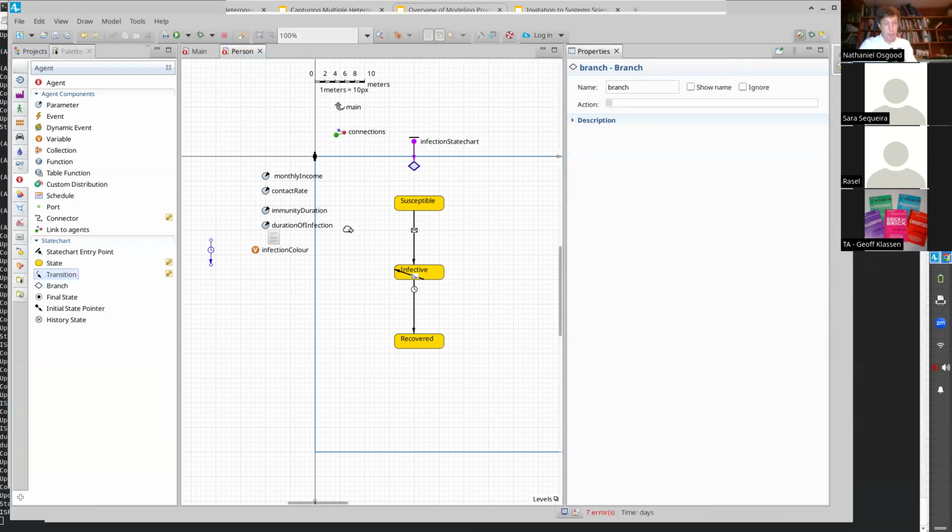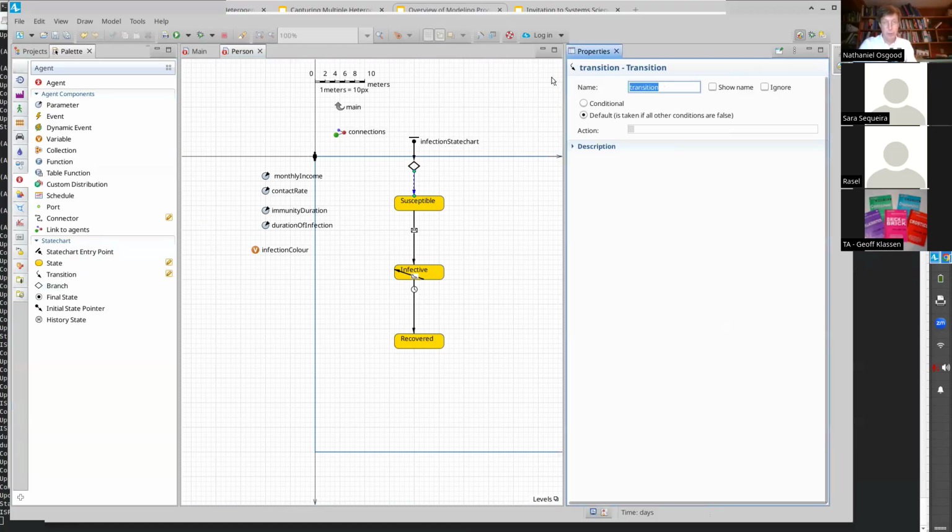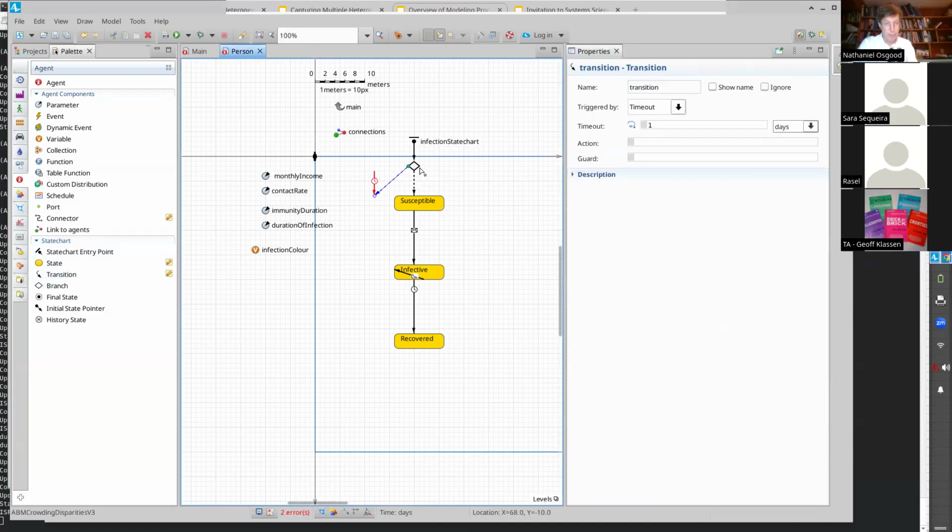Most people start susceptible. That's going to be the default. This is going to be initially susceptible. And the rest are going to start infective.